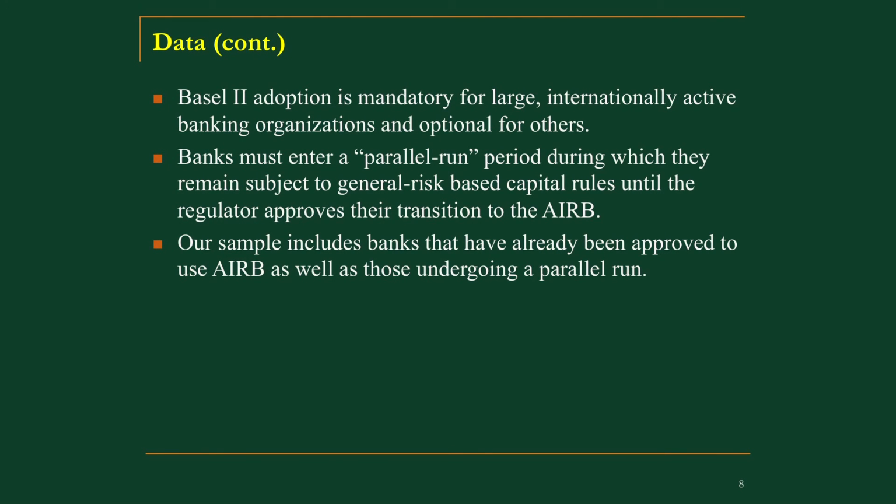Also, to understand the setting, Basel II adoption is mandatory for all the large internationally active banks and optional for others. And the way it works is that banks, before they start using Basel II, go through what's called a parallel run period, where they have to report the capital both ways. Eventually, the regulators will approve and say, fine, you get out of the parallel run and you start using only the internal approach.